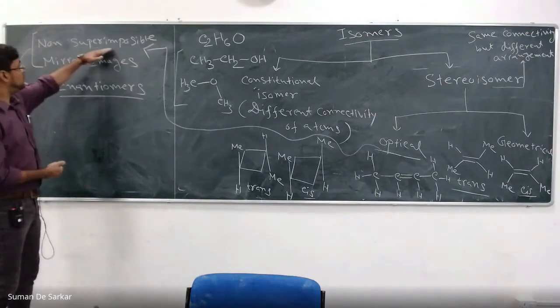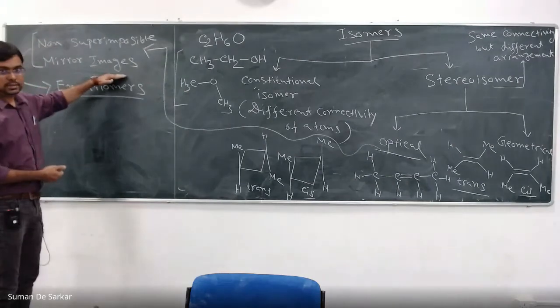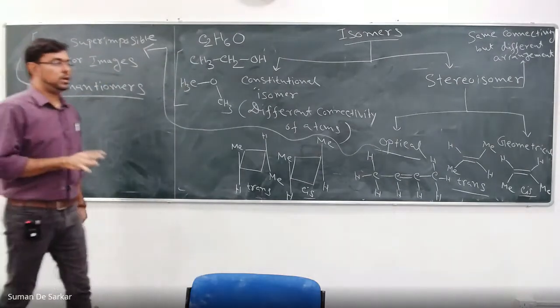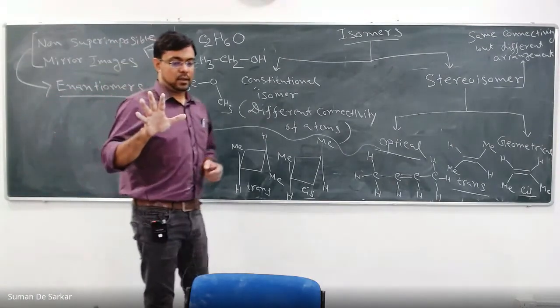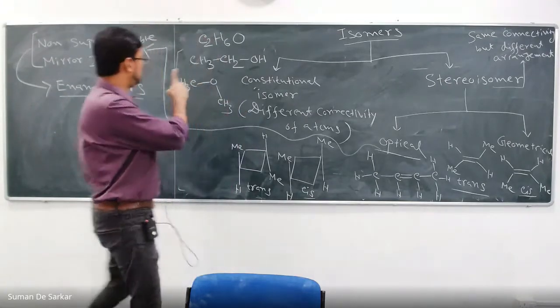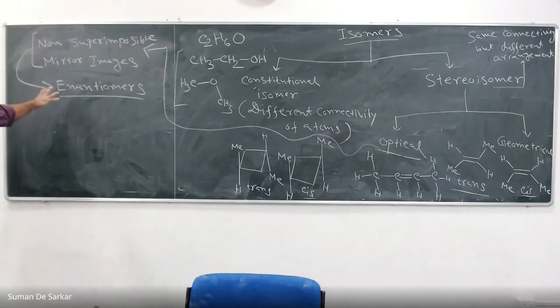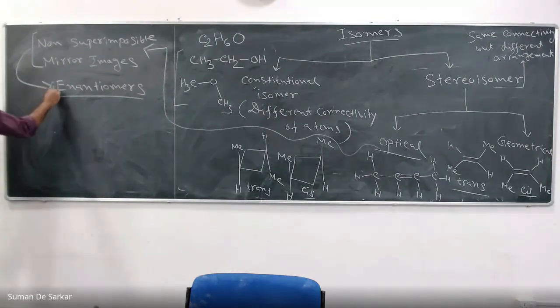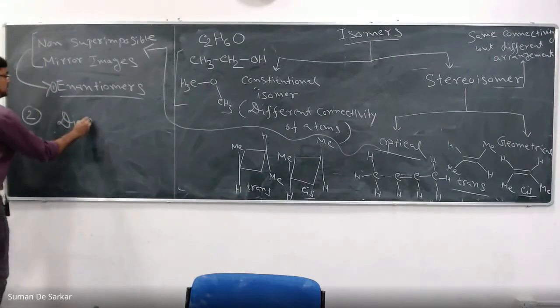It's non-superimposable but mirror images. Any chiral compound having non-superimposable mirror images, these two pairs will be called enantiomers. This is number one. Number two is diastereomers.